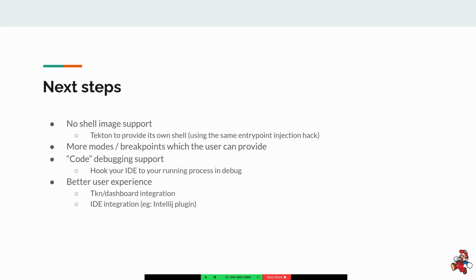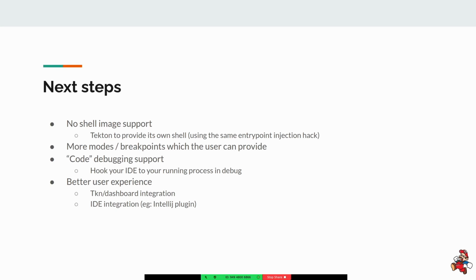In addition, we would like to go forward. We are waiting for feedback from the community, but we are thinking of, in the future, being able to actually do software debugging of a process running in the CI directly from your IDE.